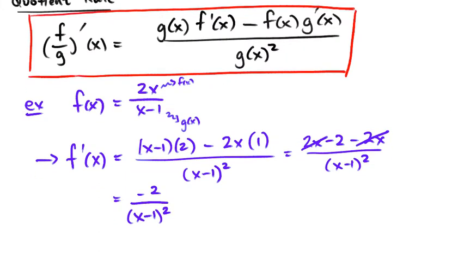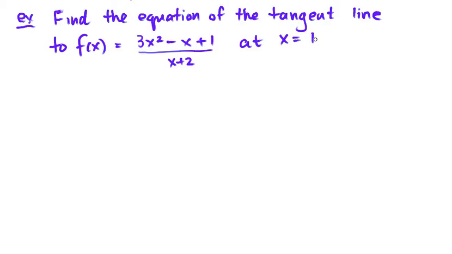Alright, one more example. Okay, we're going to find the equation of the tangent line to our function at the value x equals 1. So we're going to build a y equals mx plus b, a linear tangent line equation. To do that, we first of all need to know the slope. To find the slope, we use the first derivative. To find the derivative, we need to use the quotient rule.